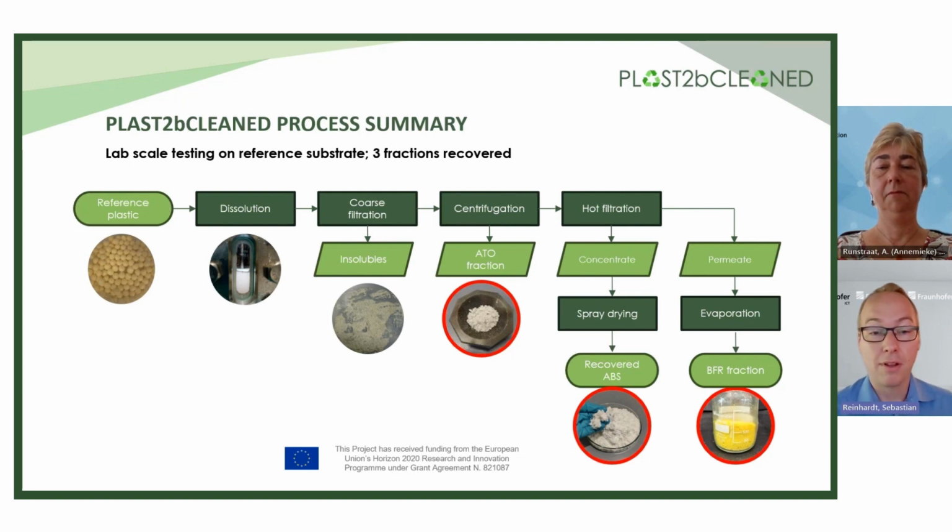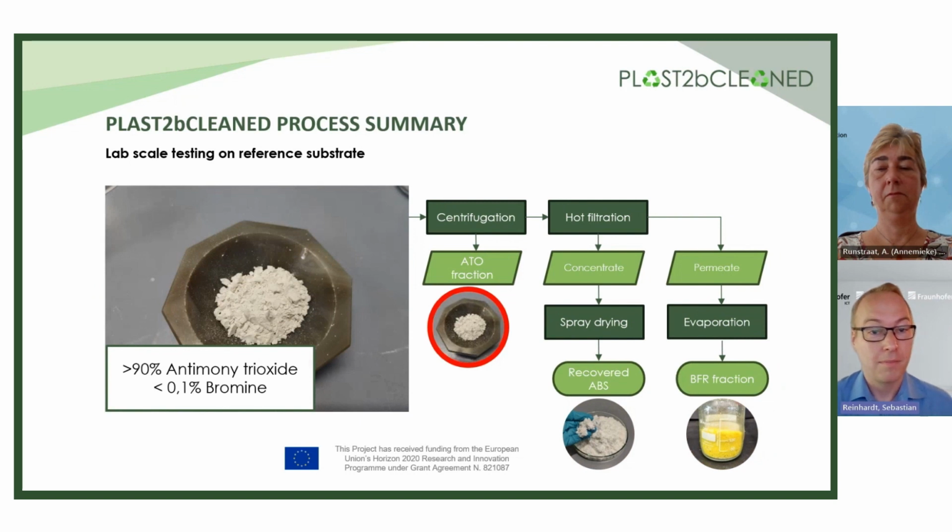As you can see, we have 3 output fractions: the ATO fraction, the recovered ABS, and the bromine flame retardant fraction. When we look at the antimony trioxide fraction, which we were testing to start with on the reference substrate, as Annemieke pointed out, we received quite a good result, with a fraction that had 90% antimony trioxide and a bromine content lower than 0.1%.